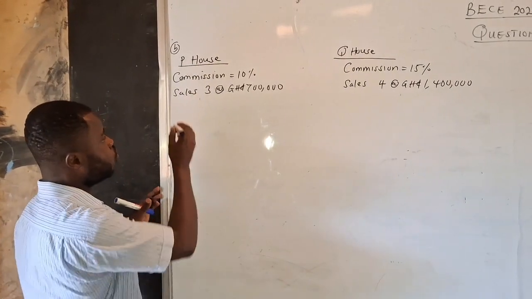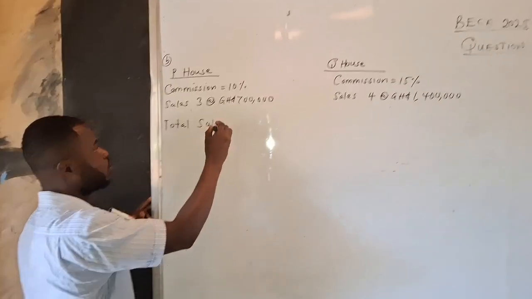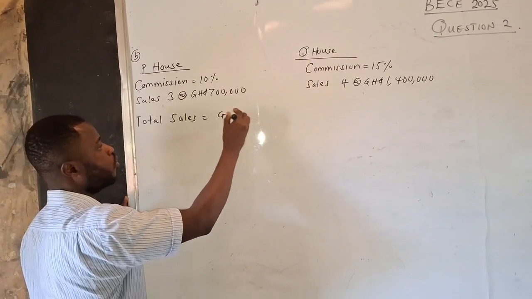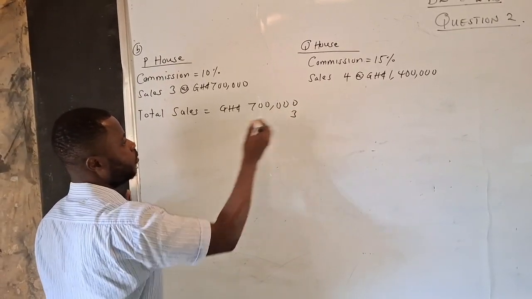So you have to know the total sales before you calculate the commission on the house. To know the total sales, you multiply 700,000 by 3.